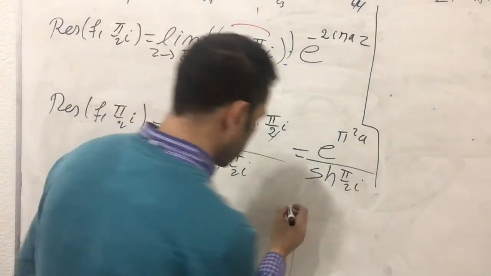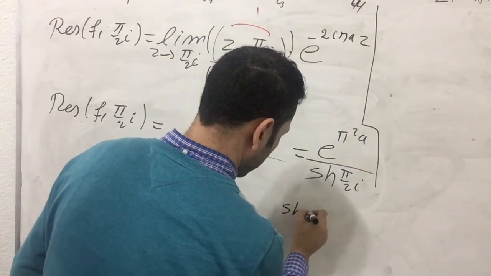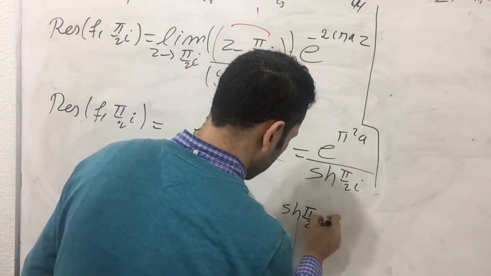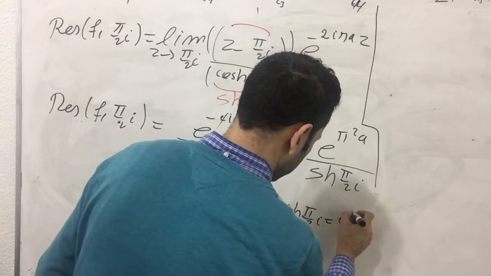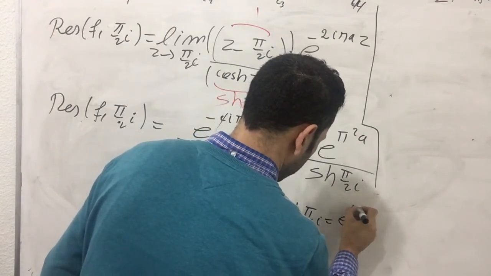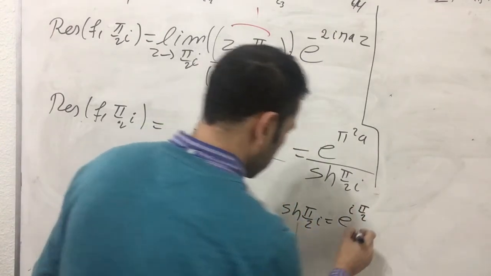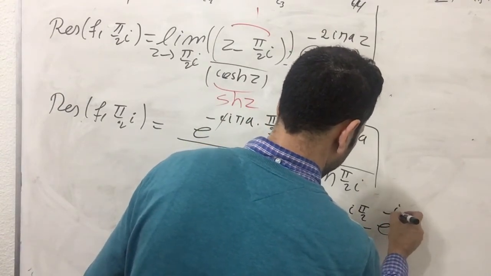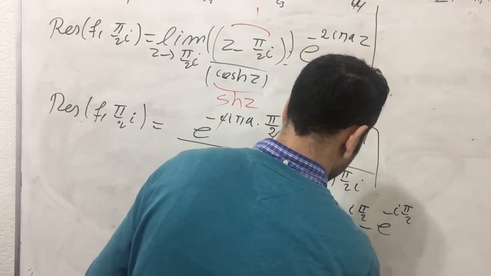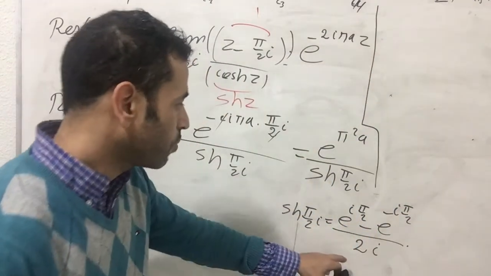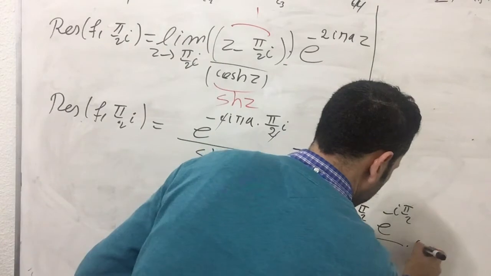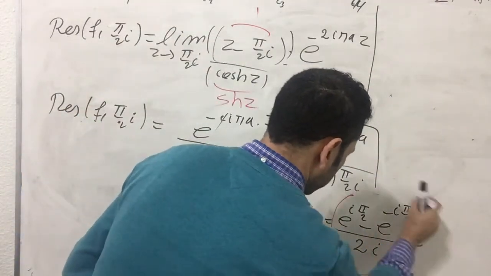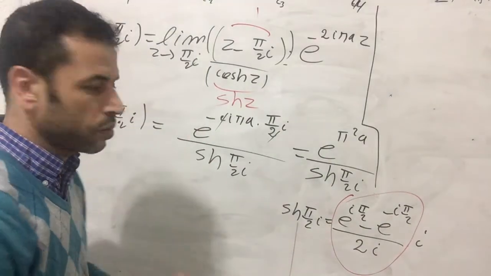If you take a look here, the sine hyperbolic function at the point pi over 2i equals e to the i pi over 2 minus e to the minus i pi over 2, over 2. If I'm dividing by i and multiplying by i, this is the Euler formula.